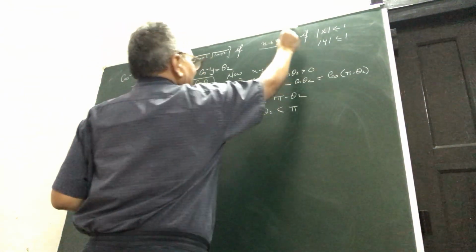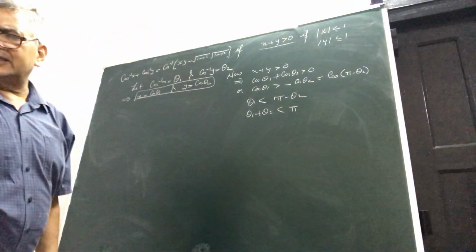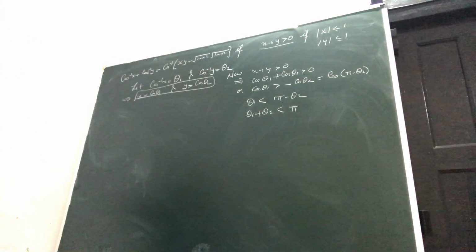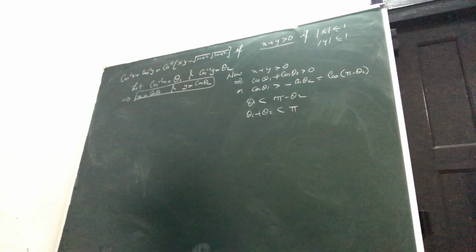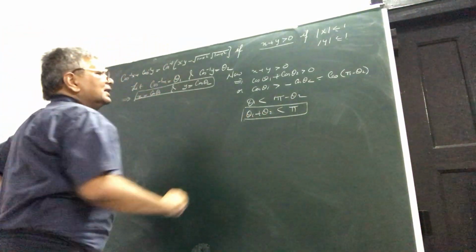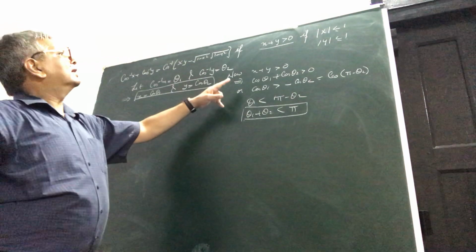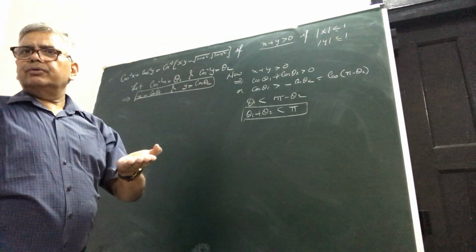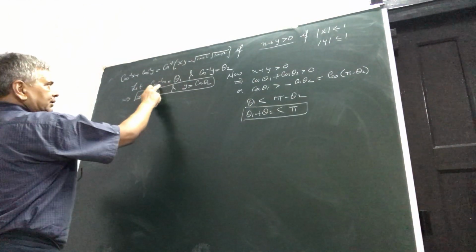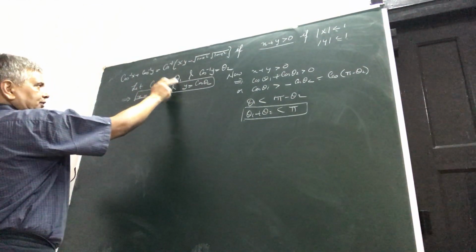Here you assume that x is greater than 0, y is also greater than 0, because here there could be a case. Okay, let it be like this. Theta 1 plus theta 2 is less than pi. Once it is less than pi, and theta 1 is greater than 0, yes, theta 1 is greater than 0 for the obvious reason. The principal branch of cos inverse x is what?